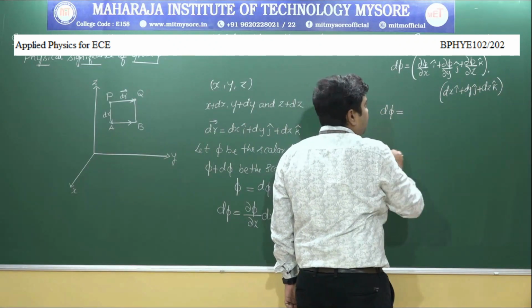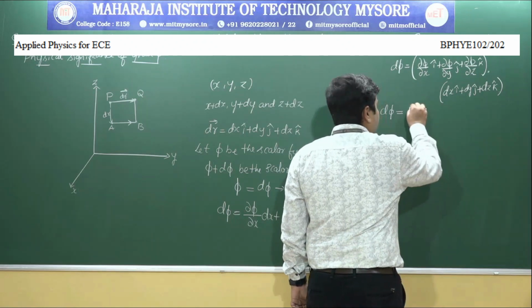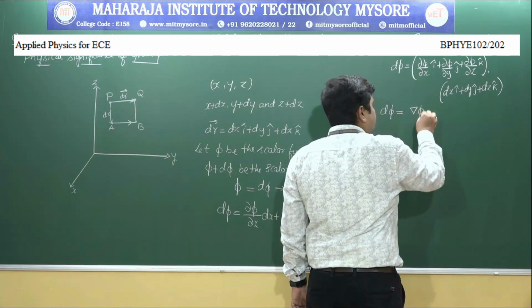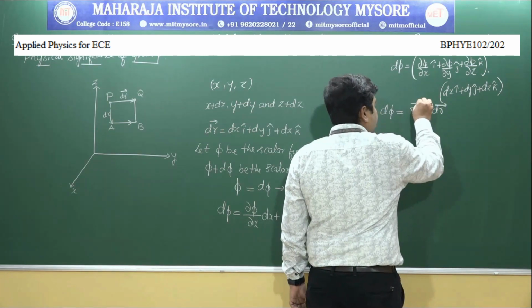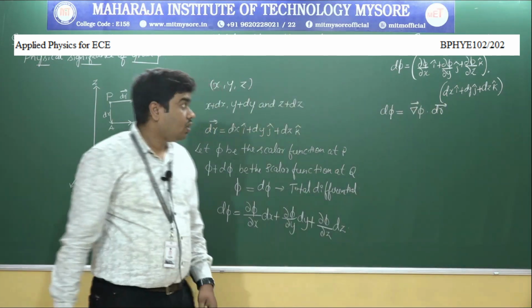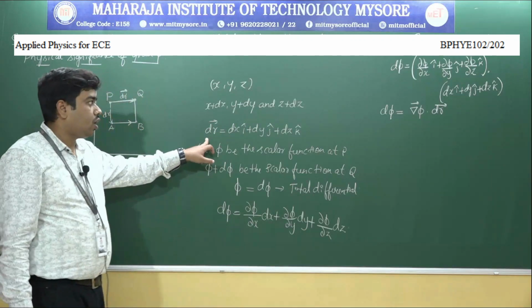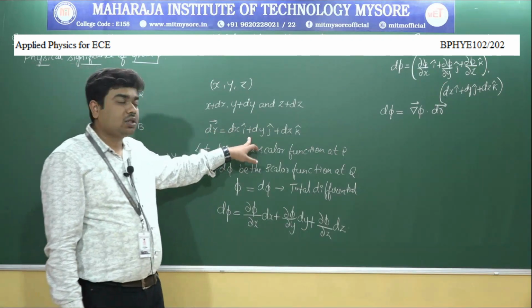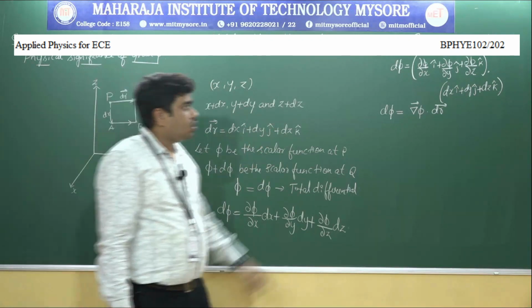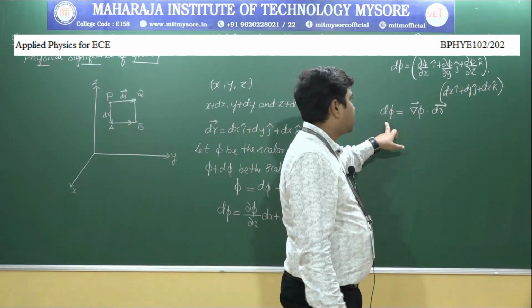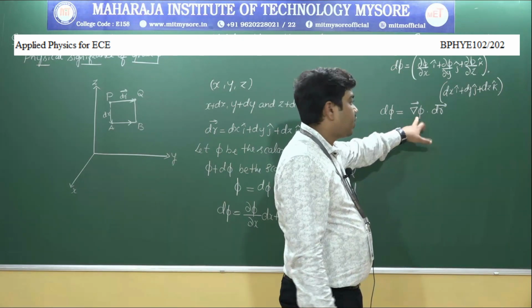d phi is equal to, the whole equation can be written as del phi dot dr, because we have written the vector dr is equal to dx into i cap plus dy into j cap plus dz into k cap. That is why the equation can be written as, now del is the operator and phi is the scalar function.